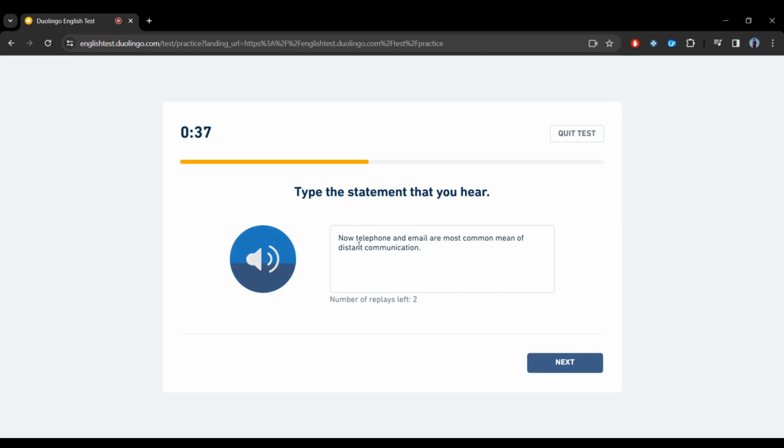Now, the telephone and email are the most common means of distance communication. Telephone or telephones? All right, let's hear it. Now, the telephone and email are the most common means of distance communication. All right, I think this is good.